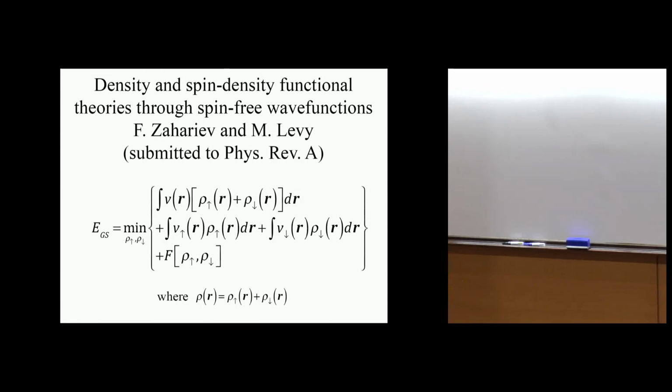So you have this, and this is our normal rho here. Density is the sum of the spin densities. And so what we're going to show is that for this F, you could use spin-free wave functions, and through these spin-free wave functions, you could derive constraints when you scale just one spin density.